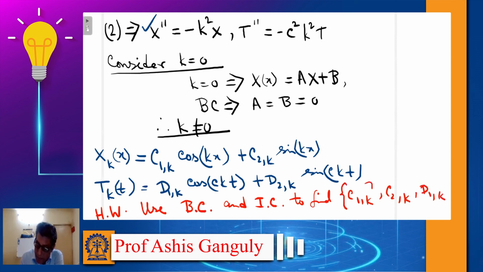These are all families, so not a single constant. Why a family? For different values of k. Try to find them out, and k itself. This is the eigenvalue. Try to find out.